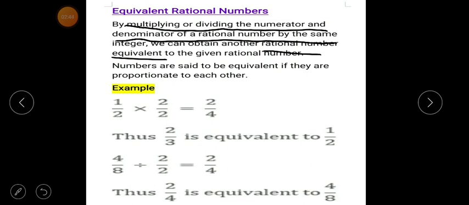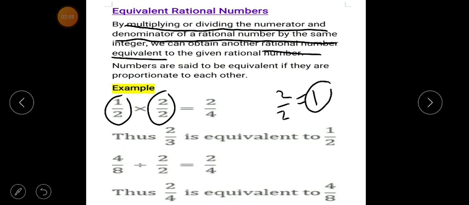For example, if we have a rational number, say 1 upon 2, and we multiply this by 2 upon 2, does it make a difference? No. Why? Because 2 upon 2 is equal to 1, and when we multiply or divide any number by 1, it doesn't make any difference.